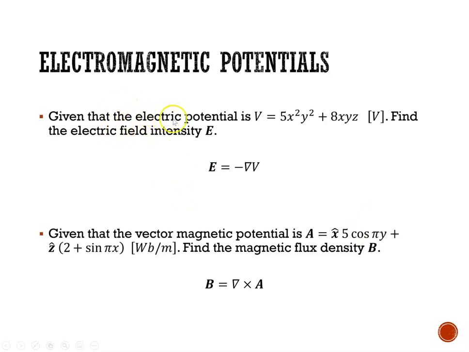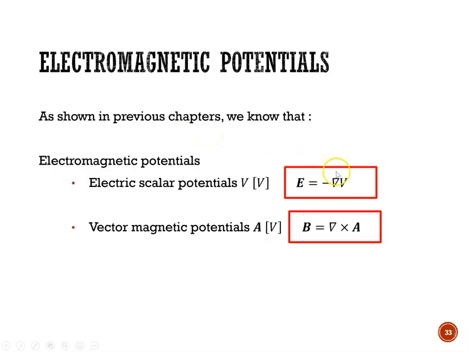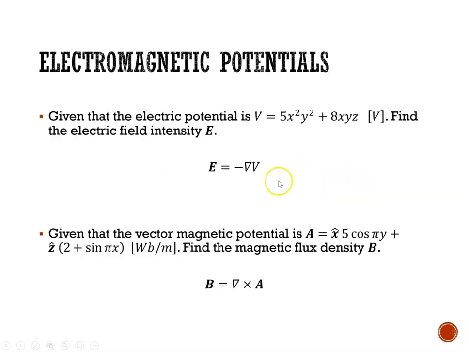Given that the electric potential is V equals 5x squared y squared plus 8xyz in volts, find the electric field intensity E. You use the first equation, E is equal to minus del V. Just plug in those values and apply the gradient.